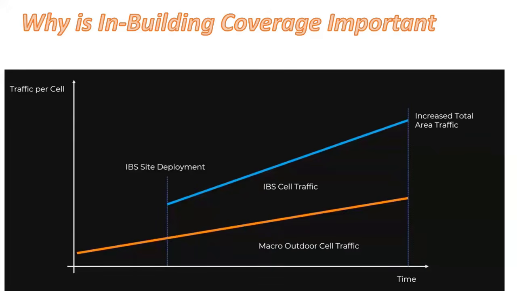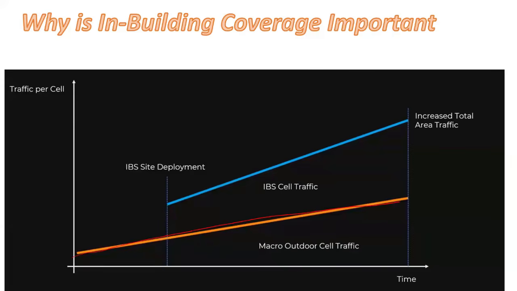You are motivated to watch YouTube, Netflix, high definition videos, right? So people will start to browse the internet. They will try to open their social media and watch some videos there, right? So we call it traffic. Just imagine how big the revenue will be if you deploy an IBS site in an area. You can see that when there is no IBS site and we have only macro, traffic increases from here to here like this.